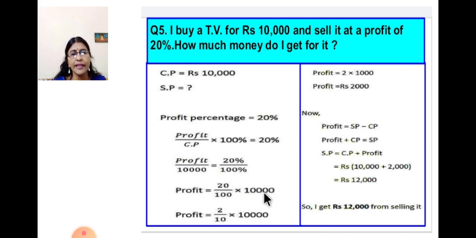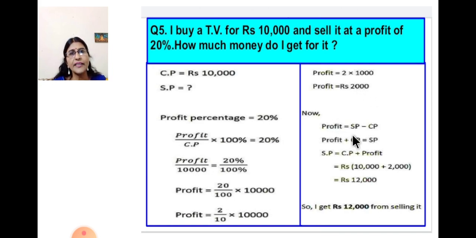And then we'll reduce. This 0 will be cut. So you will get 2 upon 10 into 10,000. And then again you can reduce, this 0 will be cut. So you will get profit is equal to 2 into 1000. And 2 into 1000 is 2000. So we got the value of profit.